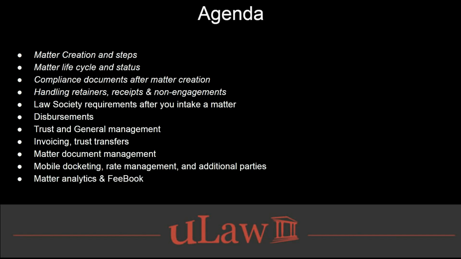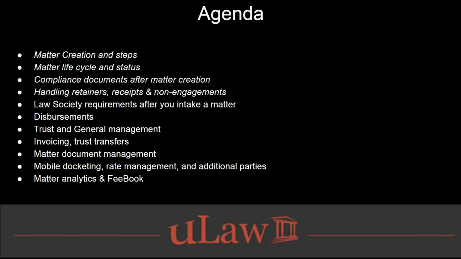Once you've completed a life cycle of a matter, right from its retainer to the trust transfers, we'll talk briefly about trust and general management: how you manage the journals, the ledgers, and the reconciliation documents that you're expected to manage and present at the time of an audit.